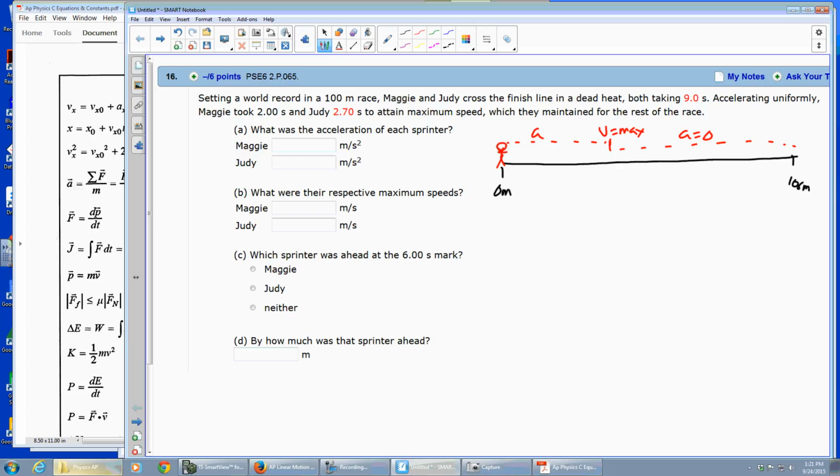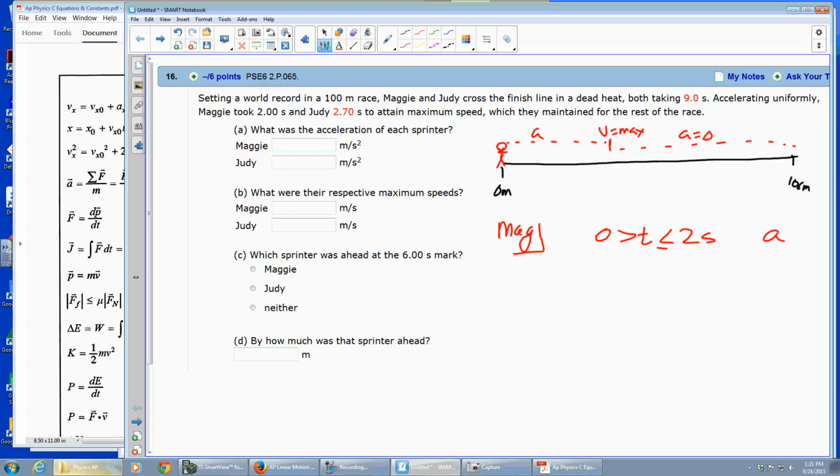So I'm going to look at Maggie here real quick. For times greater than 0 but less than or equal to 2 seconds, we have one equation for Maggie's velocity, where she's accelerating.